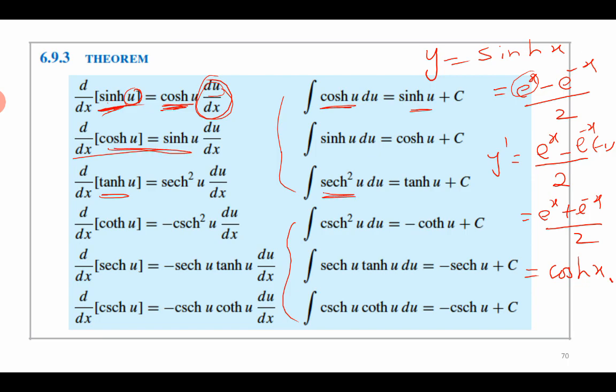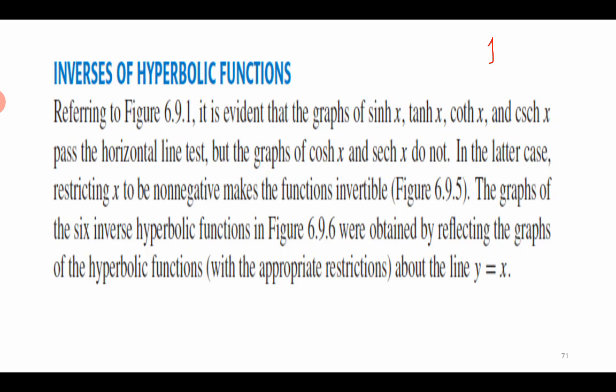There is no negative sign when you differentiate cosine hyperbolic or integrate sine hyperbolic. A negative sign appears for cot hyperbolic, secant hyperbolic and cosecant hyperbolic, for all 3 terms. Similarly, when you integrate those terms, you get the negative back. So remember all these rules, we need them to find derivatives in the problems.